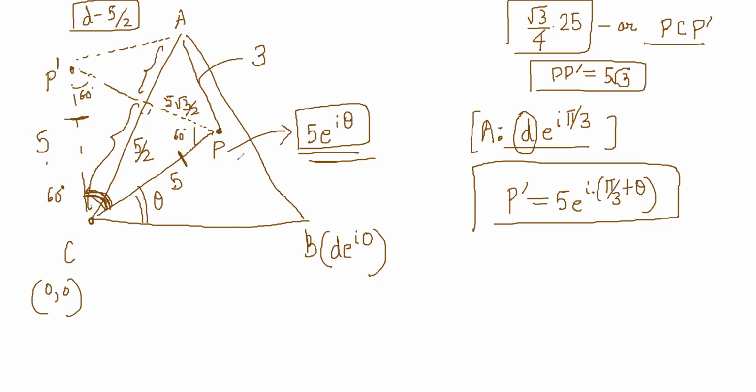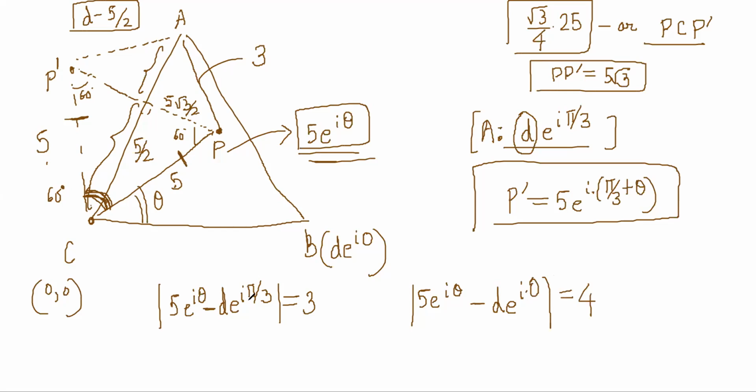P point we have written as 5 e^(i theta). So we have to say that the distance of P from A is 3 and the distance of P from B is 4. So |5 e^(i theta) minus D e^(i pi/3)| is equal to 3, and |5 e^(i theta) minus D e^(i 0)| is equal to 4. Okay, 2 equations, 2 unknowns. We can find theta and D from here.